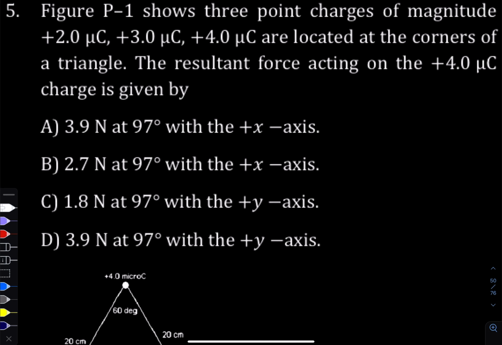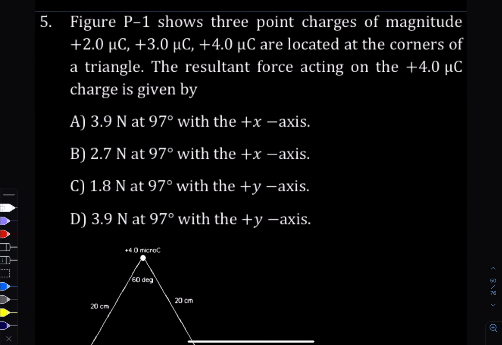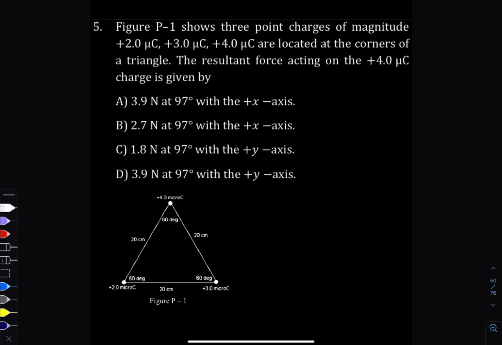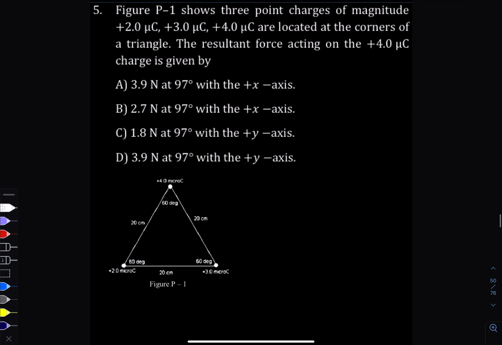Alright, so this question doesn't fit on the page, so I have to extend this out. Figure 1 shows 3-point charges of magnitude 2 microcoulombs, 3 microcoulombs, and 4 microcoulombs located at the corners of a triangle. The resultant force on the 4 microcoulomb charge is given by which one? So this is one that involves vectors.